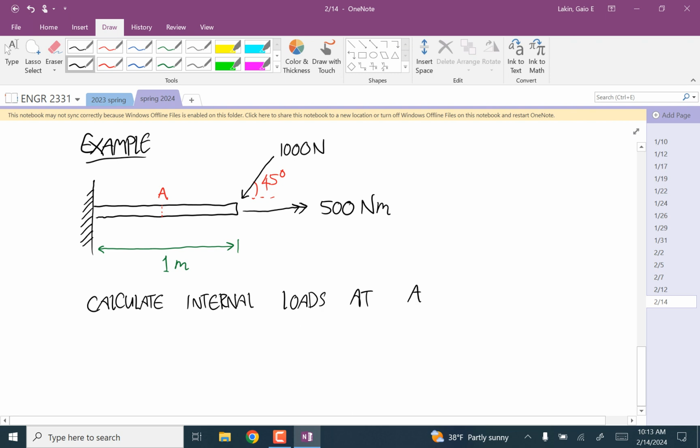In this problem, actually, it would be a little easier to do this calculation from the right side, but I'm not going to do that. I think let's just always get in the habit of working from the left side.